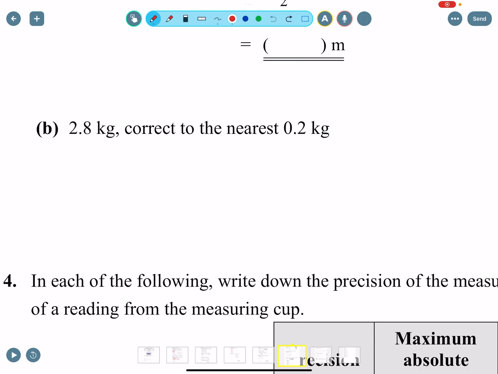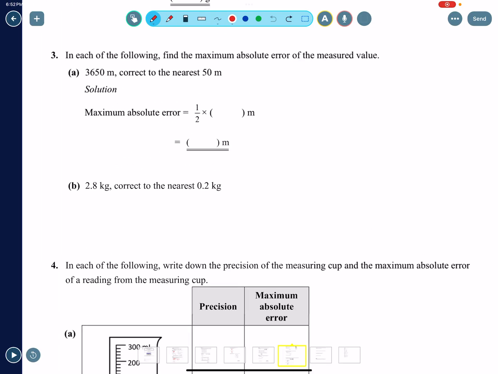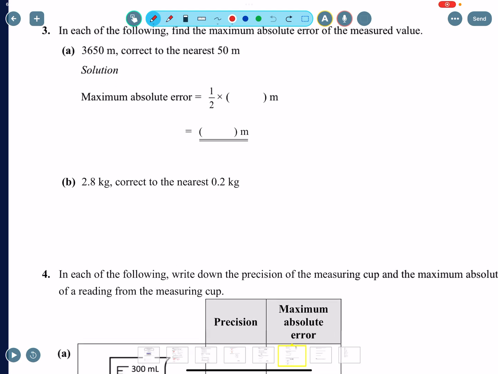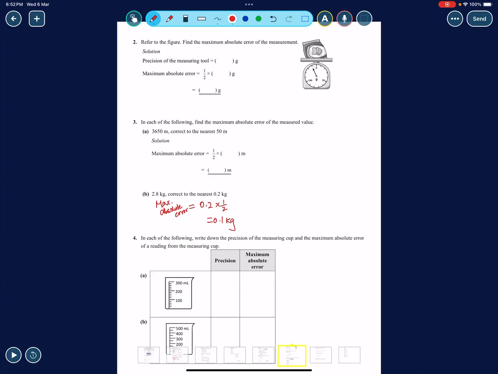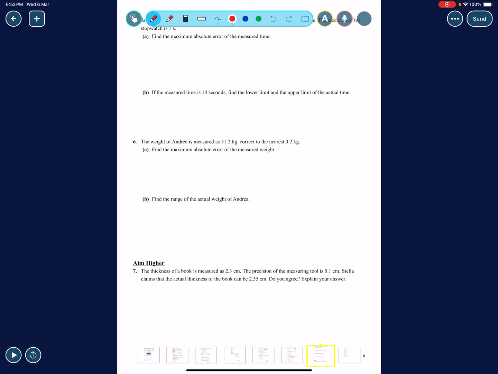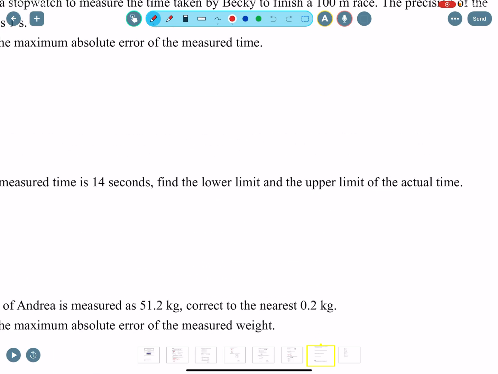So we're just finding the maximum absolute error. 0.2 times half is 0.1 kg. So this is the maximum absolute error. That's the error that you can have, maximum. No error larger than that.